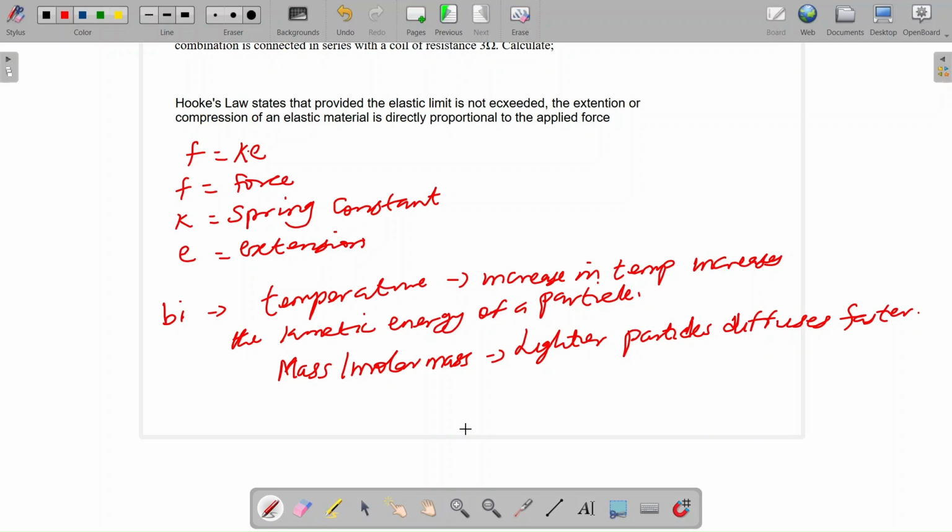We have another one to be surface area. They said two, but I'm just giving you three. Surface area to volume ratio.